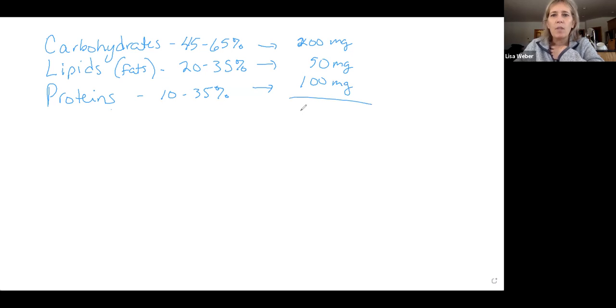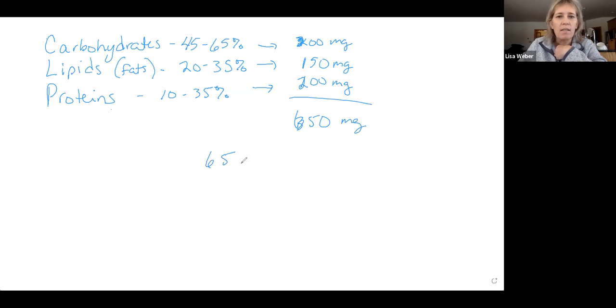So you add up all the milligrams that you had for the day, that's 350, which is super low. So let's make this a little higher. Let's say 300 milligrams of carbohydrates, 200 milligrams of proteins, and 150 milligrams of fats. Add those all up and you've got 650 milligrams here.